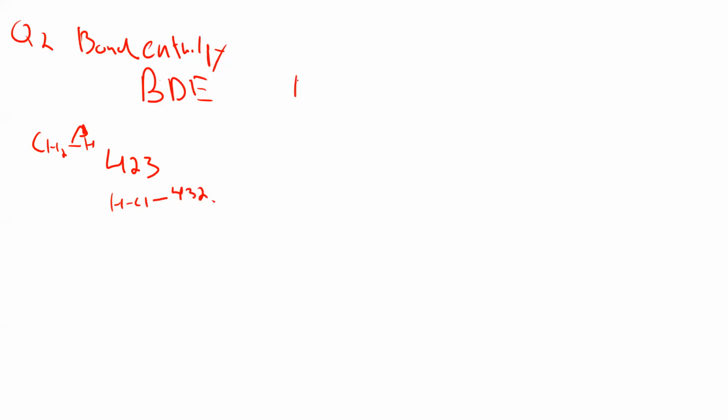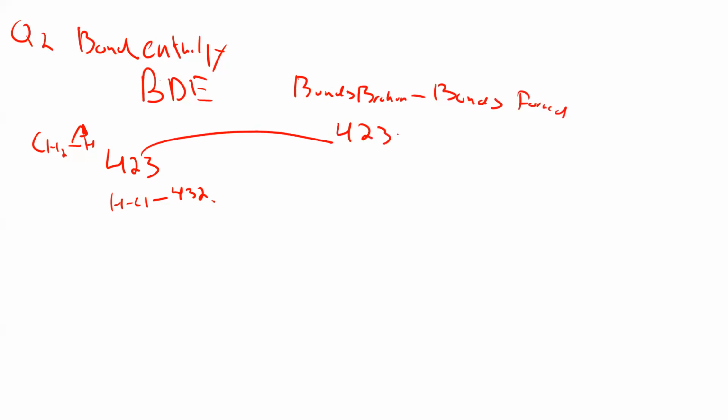We take our bonds broken minus our bonds formed. So we broke that bond, that's 423. Subtract it from 432, and that gives us -9. So let me see what step 2 is.